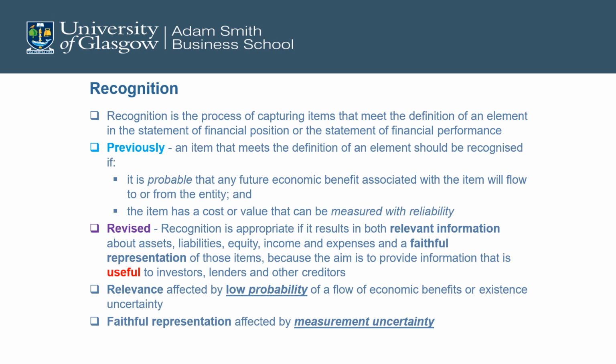The relevance sometimes would be affected by probability. If there is a low probability of a flow of economic benefits, where there's huge uncertainty for it to exist, it's likely that you would regard it as irrelevant and you will not recognize the item, even if it meets the definition.